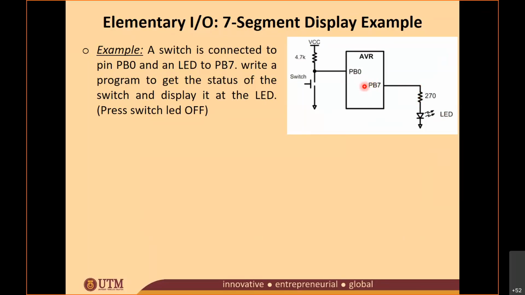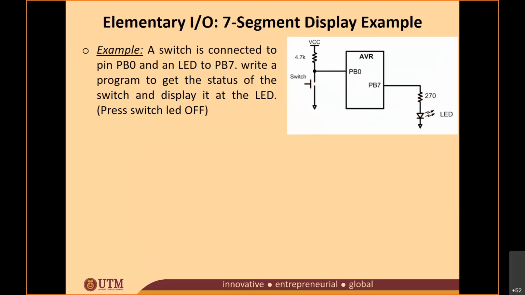So how to write the program? Okay, mula-mula what you going to do? Identify dulu lah. What type of switch that you're going to use? Is it an active low switch or active high switch? And what is the common configuration this LED use? Is it a common anode or common cathode?